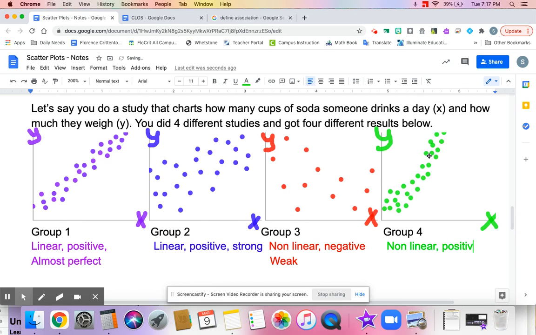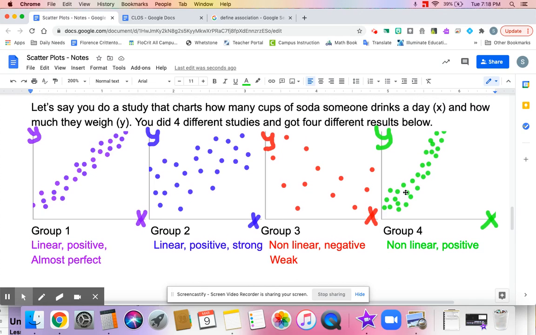Note that I just used the word correlation instead of association. They mean the same thing. And finally, how strong do you think this association is? It's really strong. It might even be almost perfect. There's a lot kind of clustered down here that makes it not almost perfect. Again, if you put strong or almost perfect, I would give you credit for it.